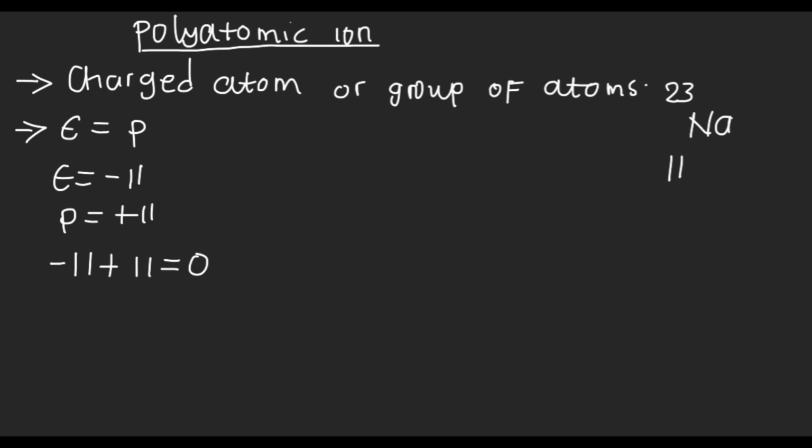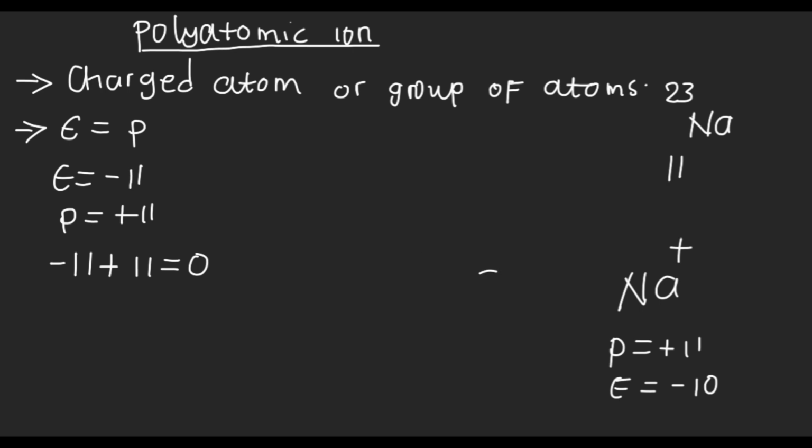Now for an ion, the number of electrons does not equal the number of protons. For example, Na+ simply means that there are 11 protons but 10 electrons, so there is an extra proton.